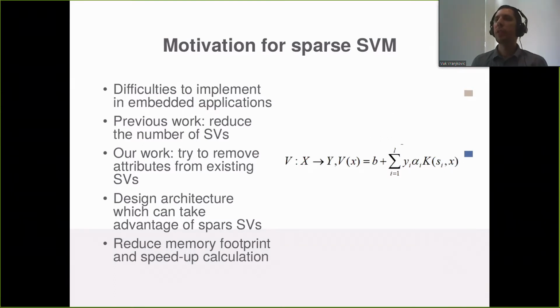The idea is that inside dot product, we introduce as much zeros as possible, and if we have multiplication between 0 and something, we can skip that multiplication, and in that way we can reduce number of needed parameters for storage, and also we can speed up calculation. That's the main idea of this work.